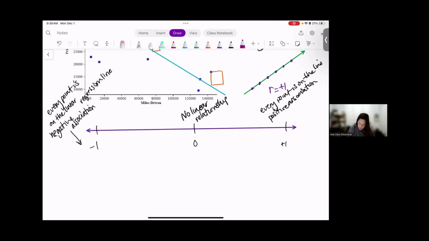So our first breakdown is going to be at 0.3. So 0.3 or negative 0.3 to 0.5 or negative 0.5. And that breakdown, that's going to be weak.